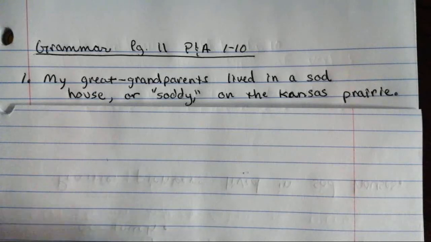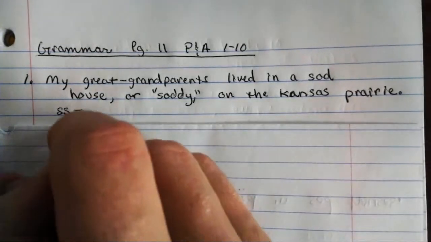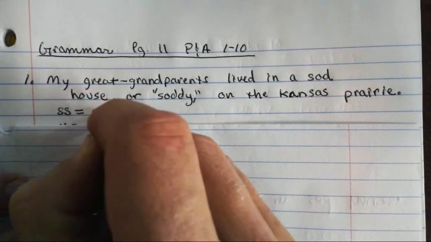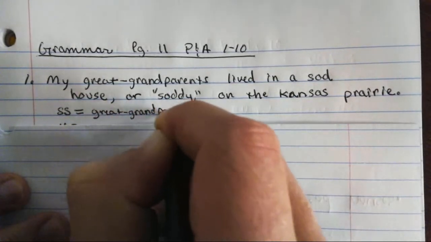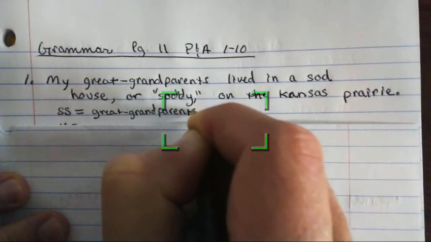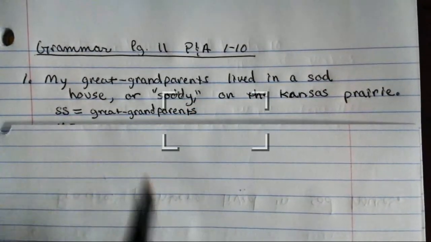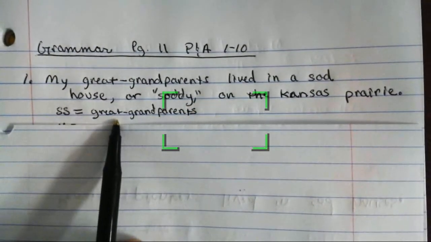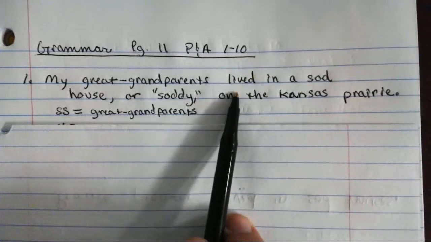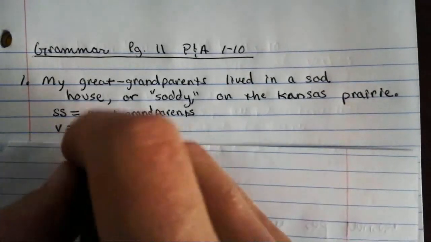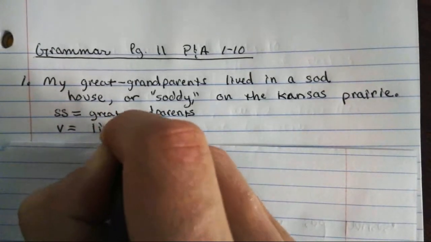Well, this sentence is about my great-grandparents. And then how do I find my predicate? Well, I ask, what does my simple subject do? So, what do my great-grandparents do? If I look at the sentence, they lived. So my verb in this sentence is lived.